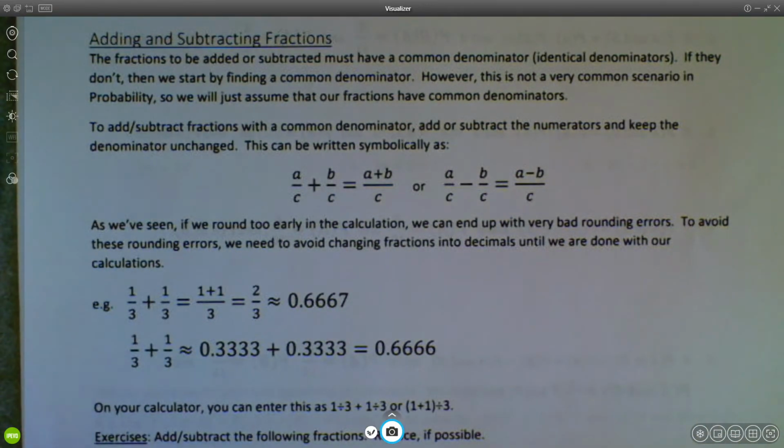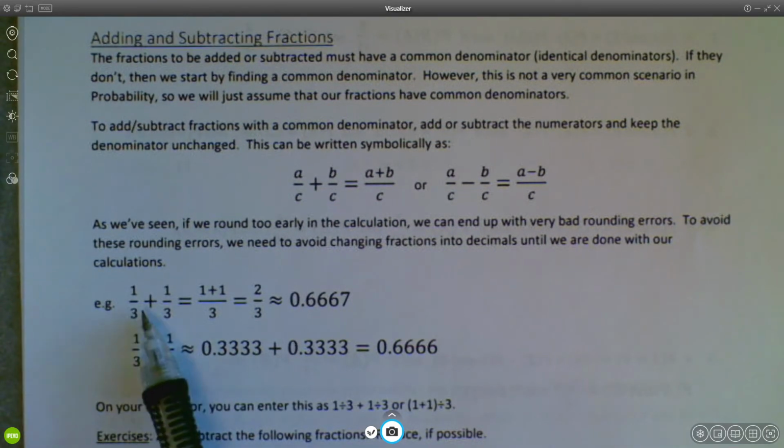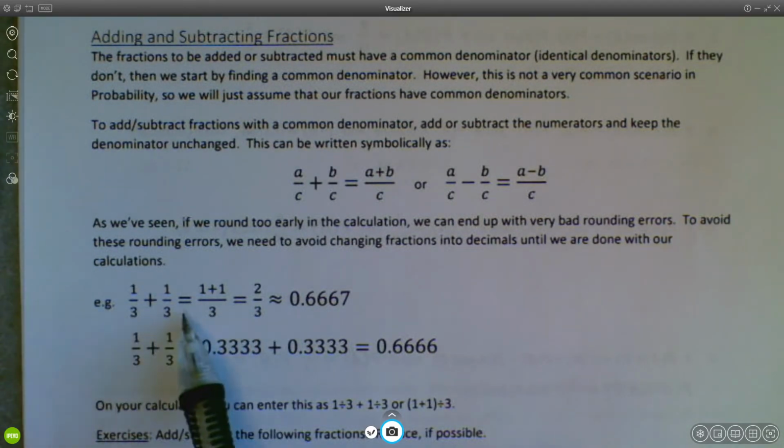Now, if you're going to be punching this into your calculator, it's important that you don't change these things into decimals until the very last step. Okay, and this example shows you why. If you add the fractions the way that you should, 1/3 plus 1/3, you add the numerators. 1 plus 1 is 2, so you get 2/3.